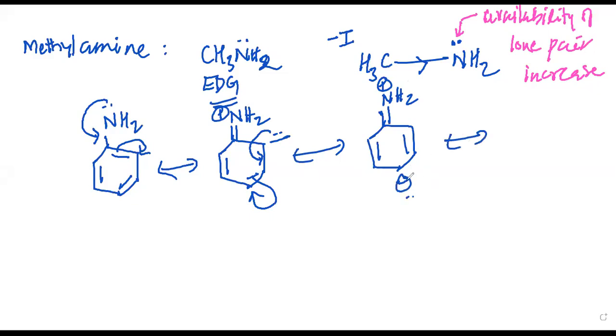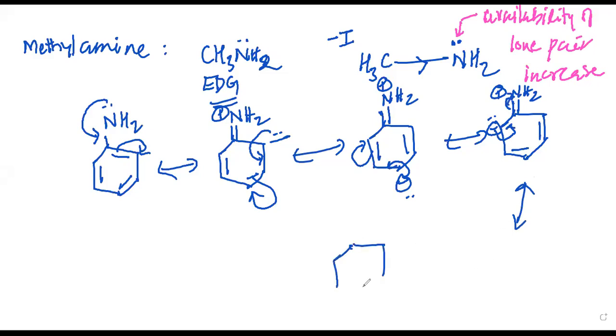Again, if this electron goes here, you have this double bond, NH2 plus, and the negative charge, two electrons, and then this electron goes here, and this electron gets back to the nitrogen.